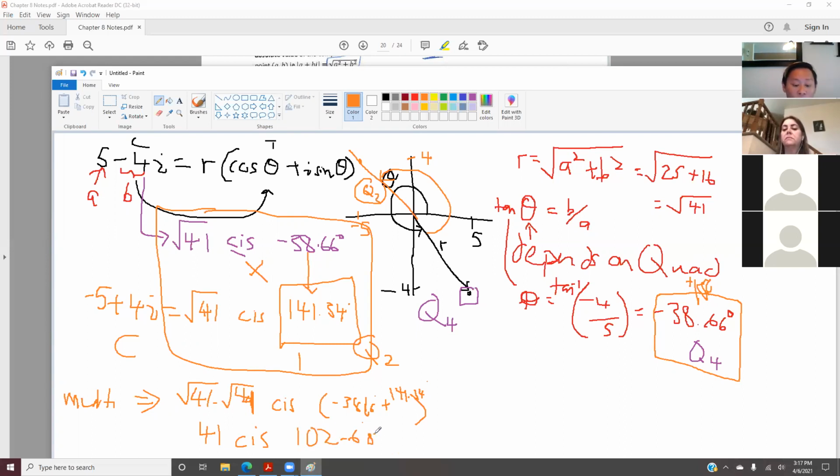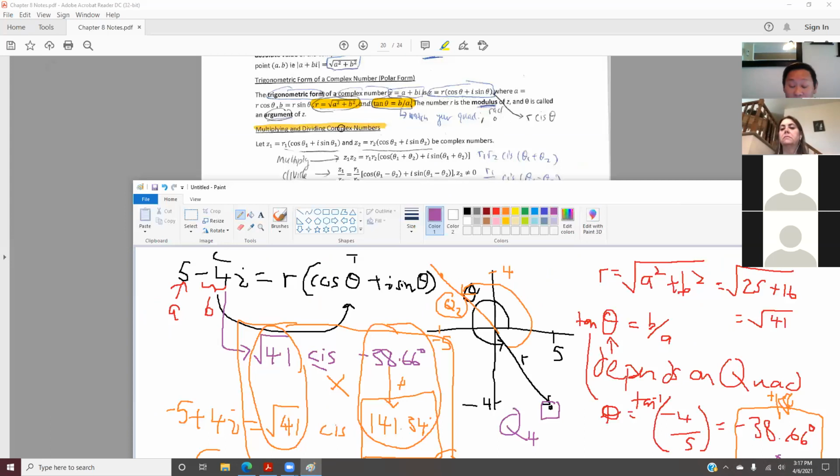So if I want you to multiply these two in trigonometric form, it's very easy. You multiply the numbers, you add the angles. Okay, this is how you multiply two trigonometric, we call it the complex number.